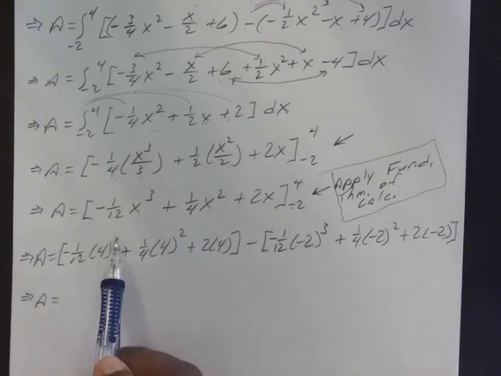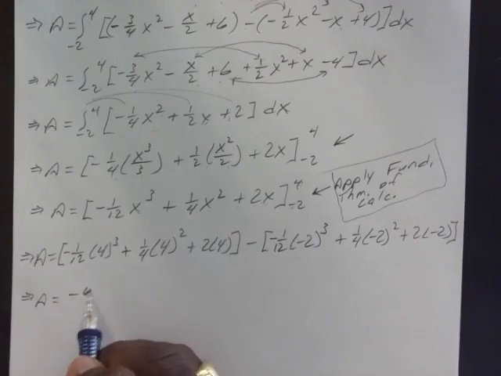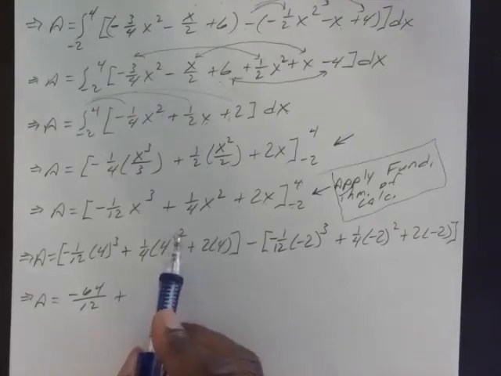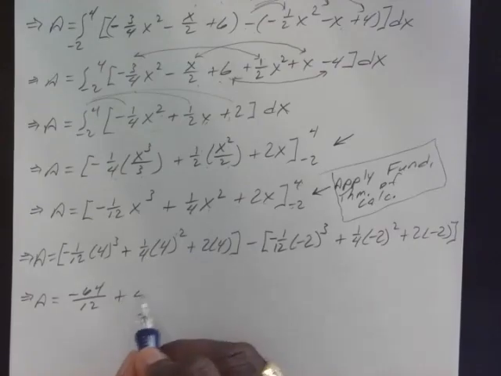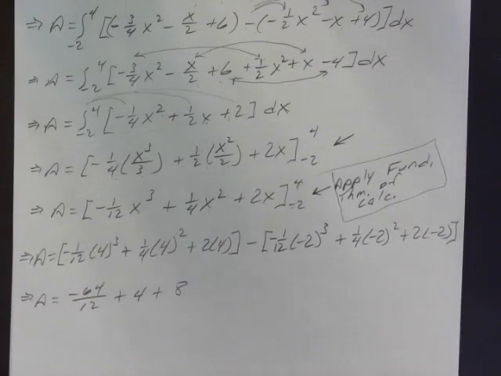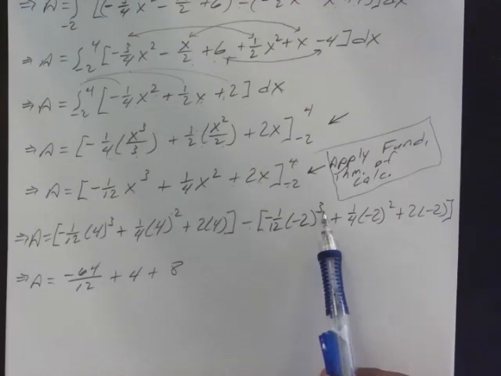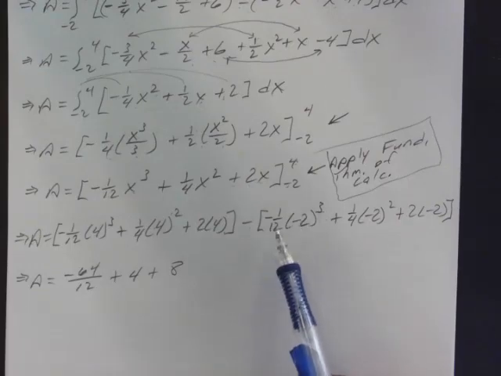So we know that 4 to the third power, 4 times 4 is 16, 16 times 4 is 64. So we have negative 64 over 12 plus 4 squared is 16. 16 divided by 4 is 4. Plus 2 times 4 is 8. Okay, minus, we have negative 2 to the third power, which is negative 8. So negative 8 times negative 1 over 12 is positive 8 over 12.